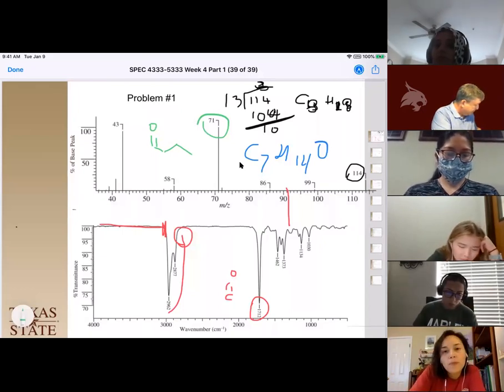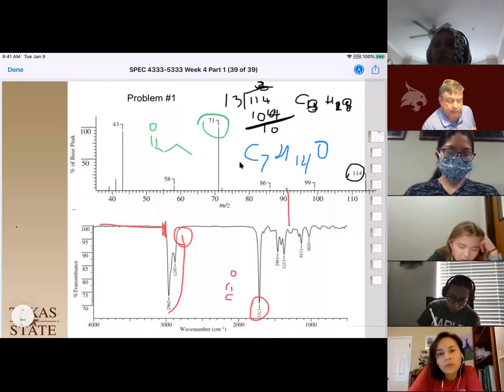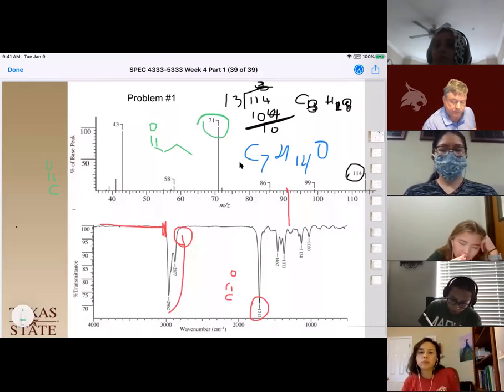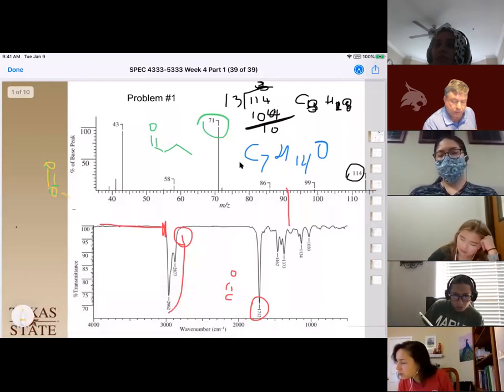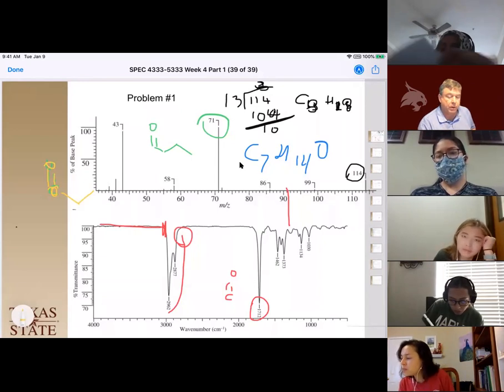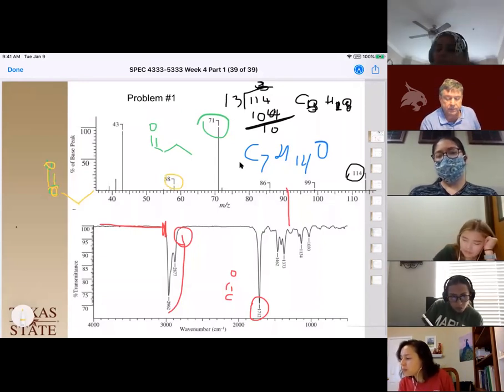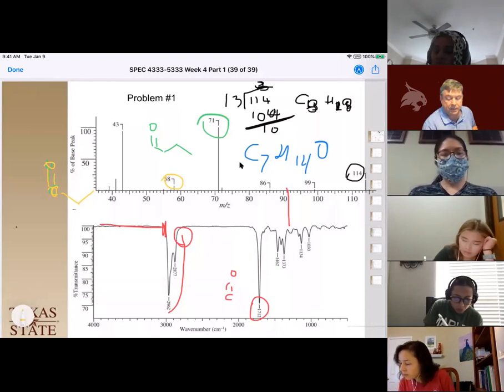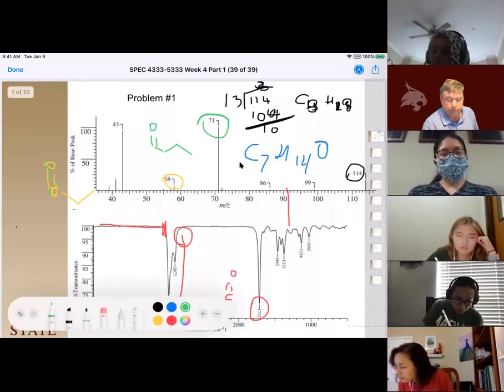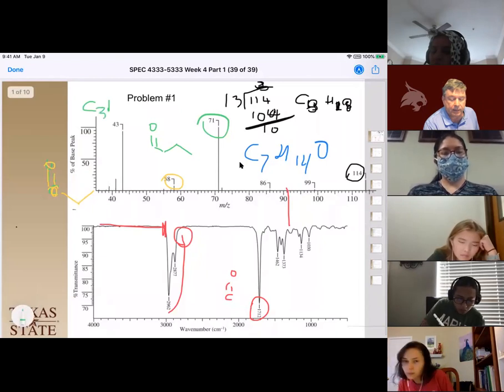That could also be a carbonyl with a, oops, that doesn't show up very well over there. A carbonyl with 2 carbons on it would be this 58 peak. And what's that 43 peak? Ooh, that 43 peak is a C3H7.